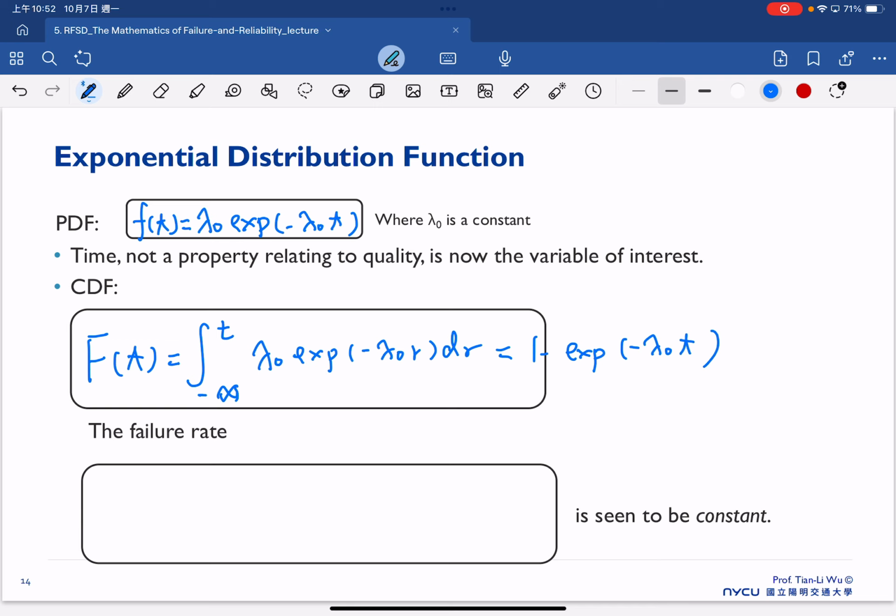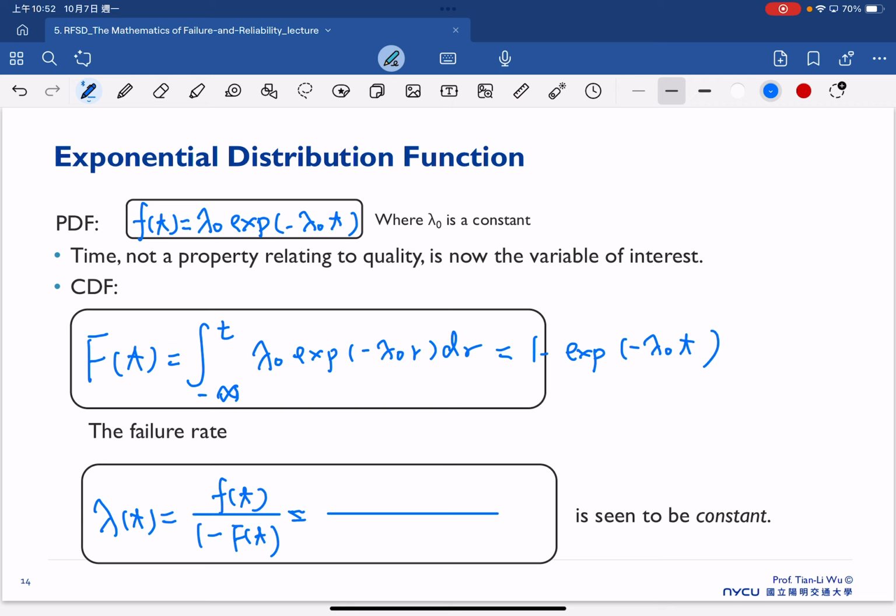Now we have a PDF and a CDF, and based on our logic, the next thing we are interested in is the failure rate. So we put in the equation for the failure rate that we derived before, which is equal to the PDF over 1 minus CDF. You just put all the equations inside and the conclusion is very simple.